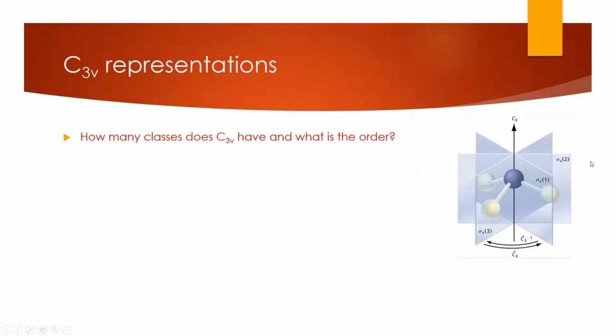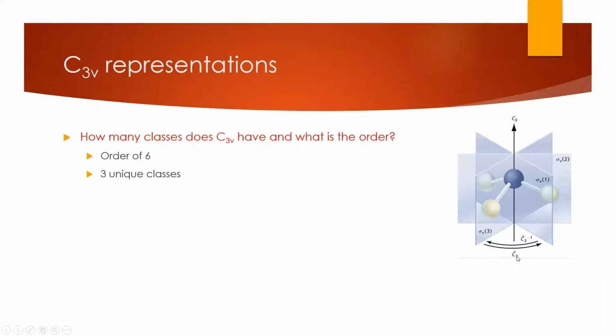So we have 1 mirror plane, 2 mirror planes, 3 mirror planes down every NH bond. Then we have the identity operator for 4, and then we have a forward rotation and a reverse rotation. So there's 6 different things we can do to this molecule that leave it unchanged. However, these belong only to 3 classes. So they belong to 3 classes because if I keep doing these rotations, I end up at the same thing.